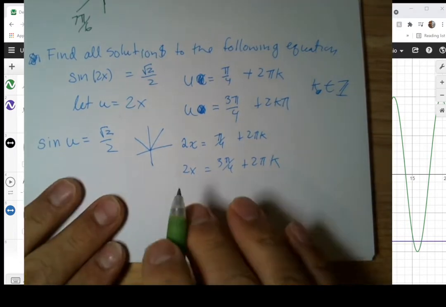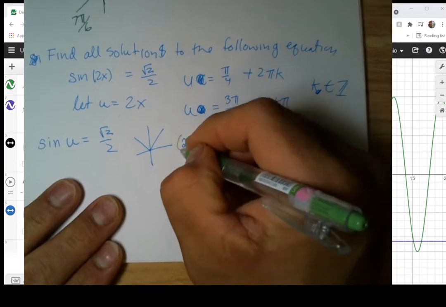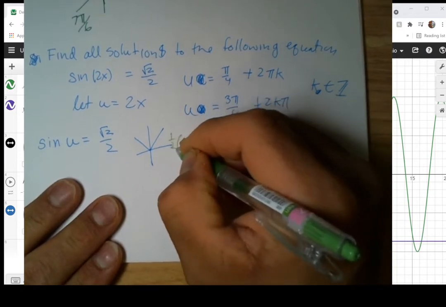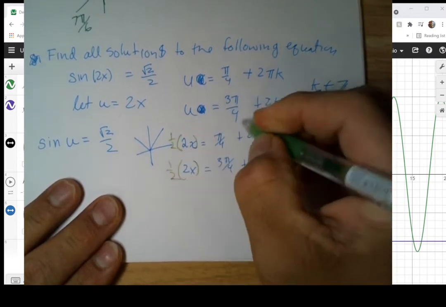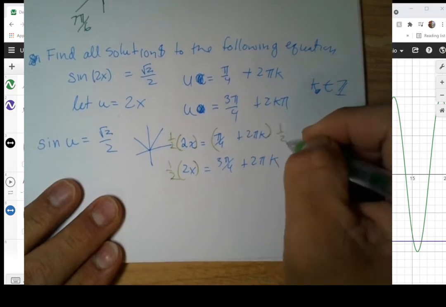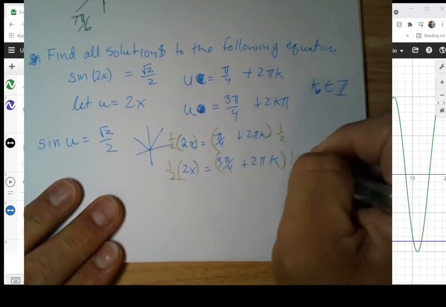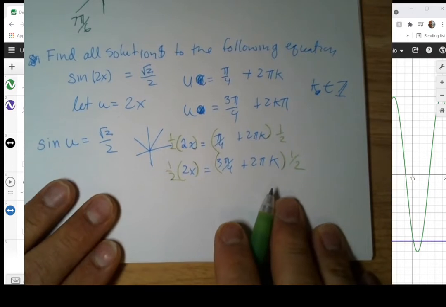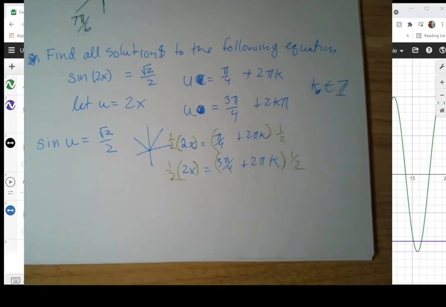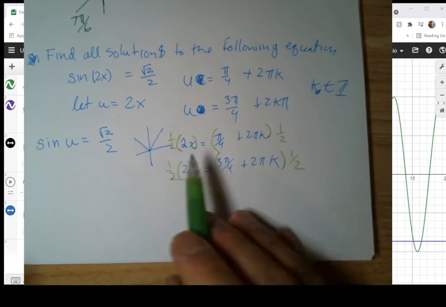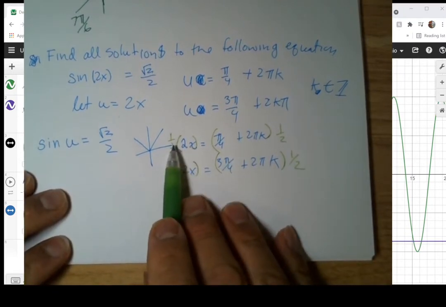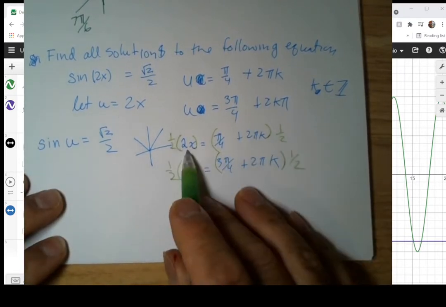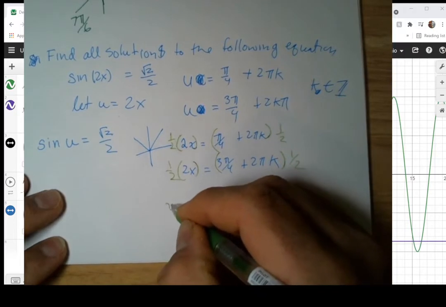for x by dividing by 2, or division by 2 is equivalent to multiplication by 1/2. So I multiply both sides by 1/2. Make sure you include those parentheses because you want to multiply the whole expression on the right side of the equal sign. So here we have 1/2 times 2x simplifies to 1, so we just have x.